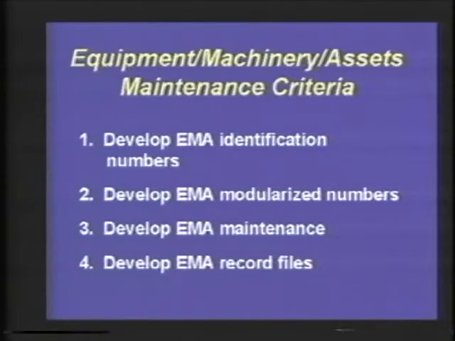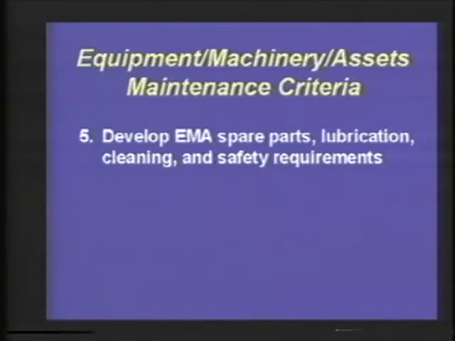The development of the spare parts requirements in step 5 pertains to the maintenance work order planning and scheduling activity, which also includes the lubrication, the cleaning, and the safety requirements.